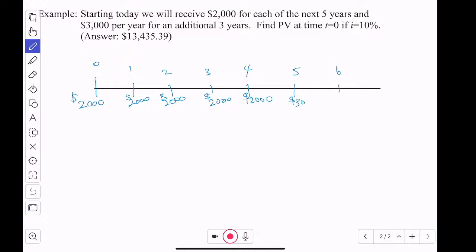And then 3,000 for 2 more years. At 10%.